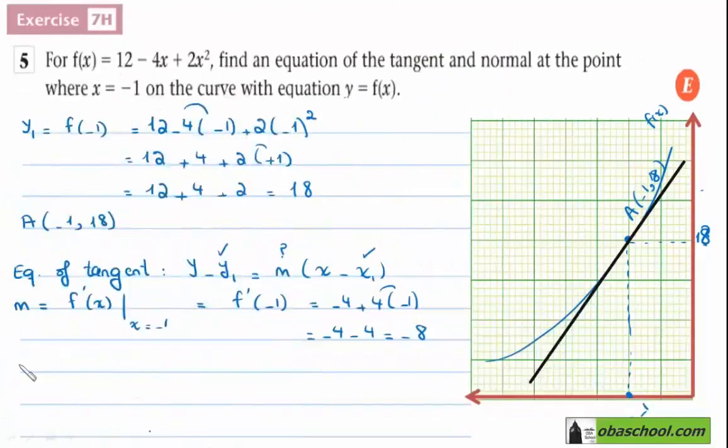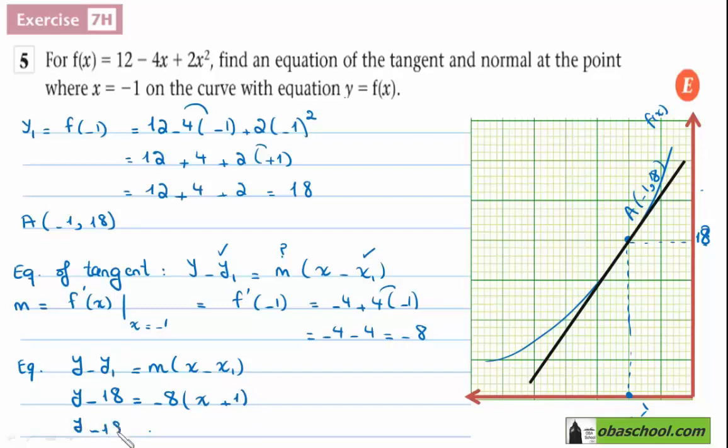Now we can substitute this in the equation y minus y1 equal to m multiplied by x minus x1. Y minus y1, that is 18, equal to m, that is minus 8, multiplied by x minus x1, that is minus 1, minus by minus 1 is plus 1. So we get y minus 18 equal to minus 8x minus 8.